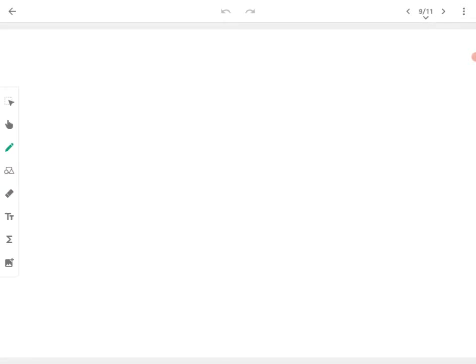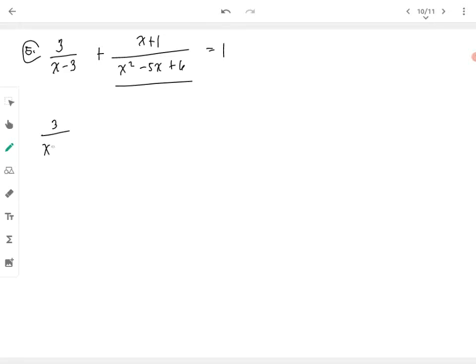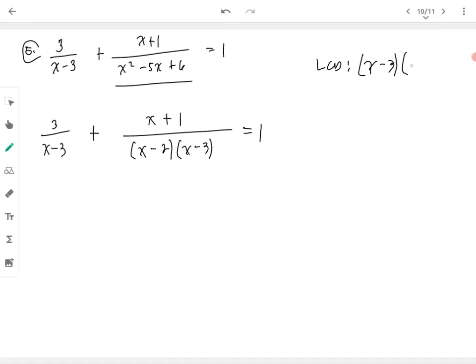Next, we need to factor this one. So that's x minus 2, x minus 3 equals 1. The LCD is, we have common x minus 3 and we have a remaining of x minus 2. Okay. Then here guys, let's try to do a shortcut.